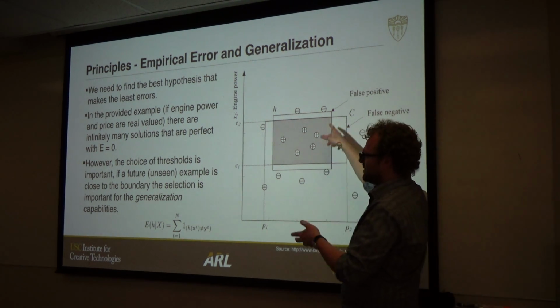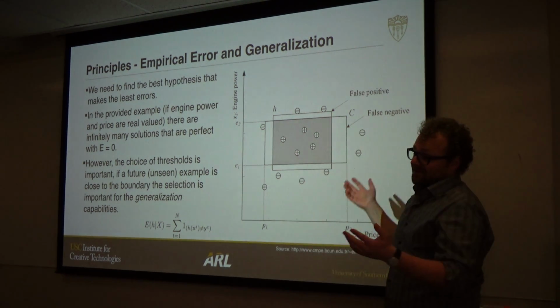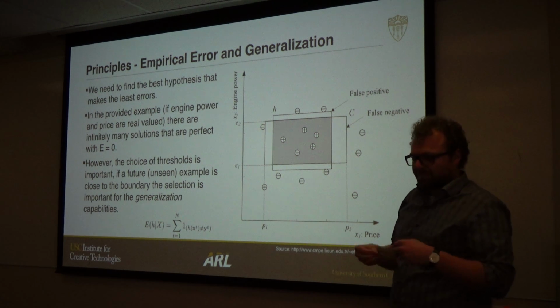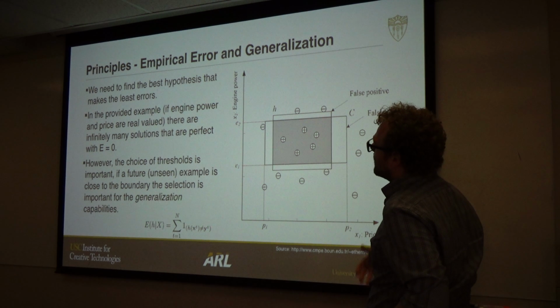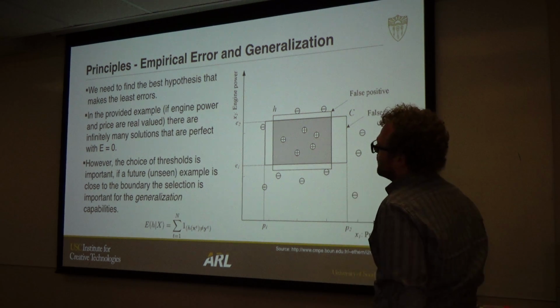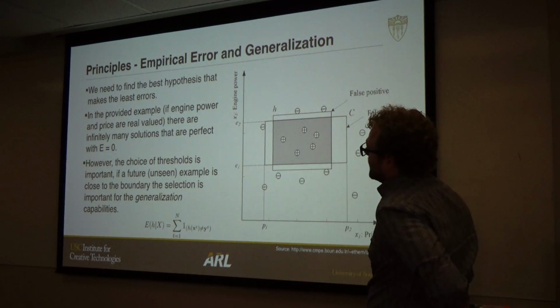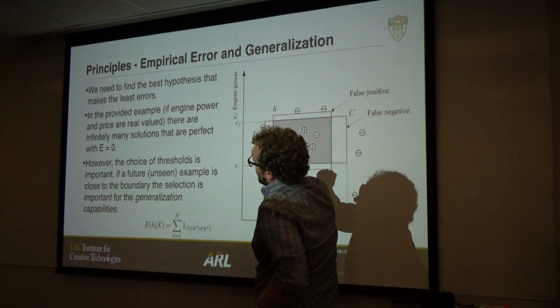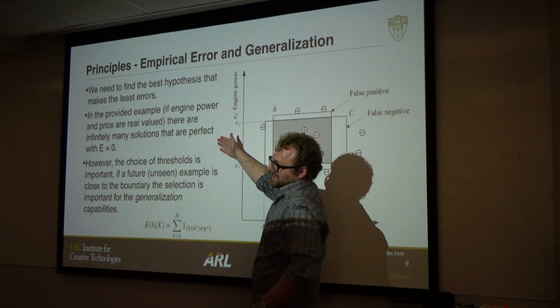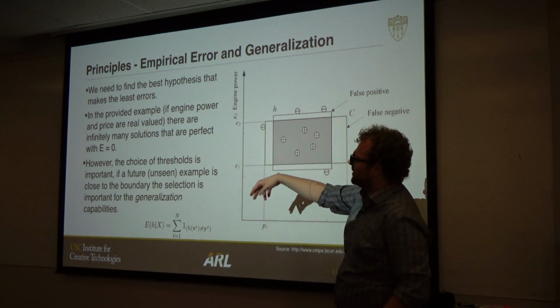We can create circles, triangles, different types of rectangles. I want to find the best one, okay? So there's a concept that we need to think about. We need to find the best hypothesis, but many solutions are perfect in this case with 0 error.